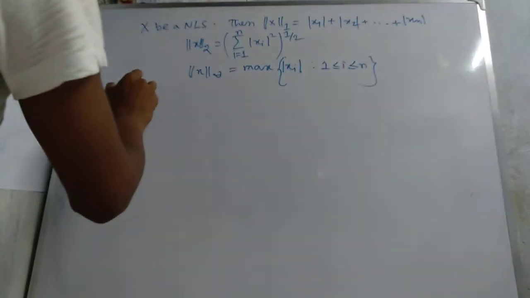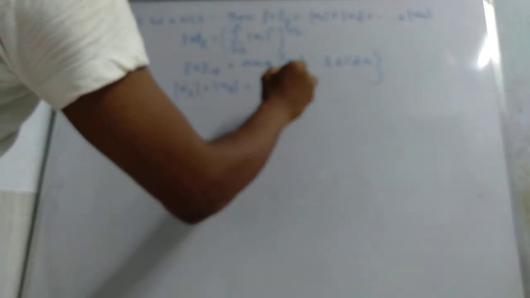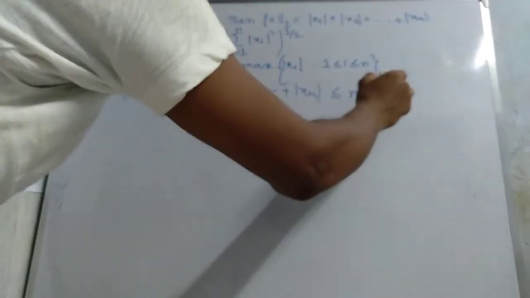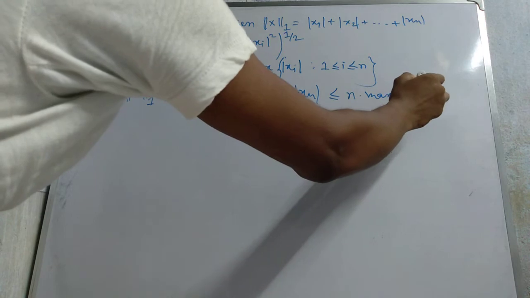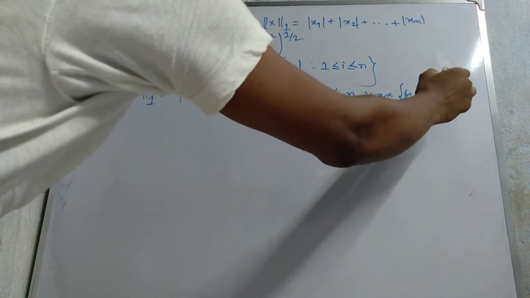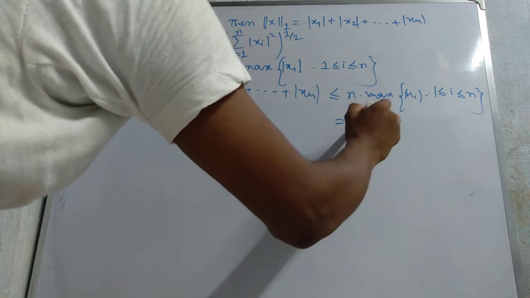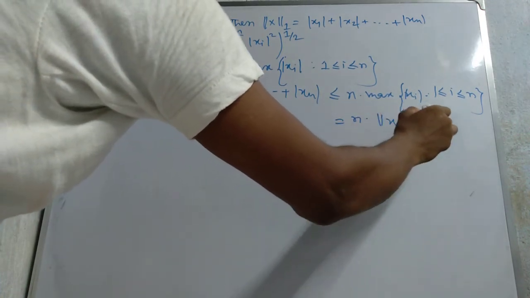Then norm of x1 equals mod of x1 + mod of x2 + ... + mod of xn, which is less than or equal to n times the maximum of mod xi, equal to n norm x infinity.